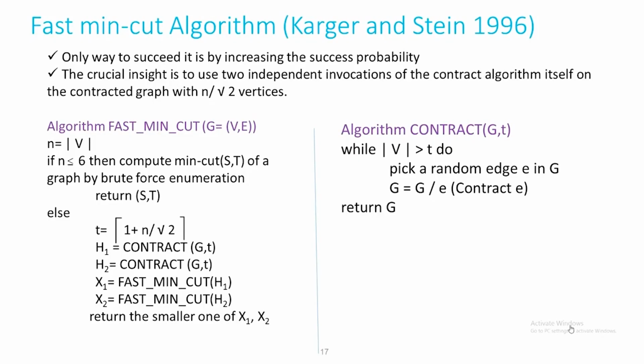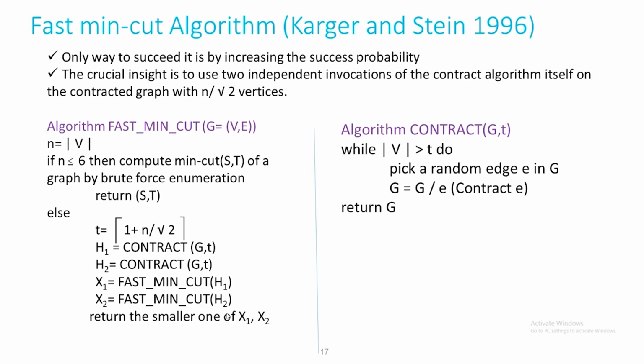Otherwise, suppose n is greater than 6, you use the contract algorithm to compute H1, the contract algorithm to compute H2, then find recursively the fast min-cut in H1, assigned to X1, then compute the fast min-cut recursively in H2 and assign that to X2. Among the two, you return the smaller one as the min-cut. This is a recursive algorithm.